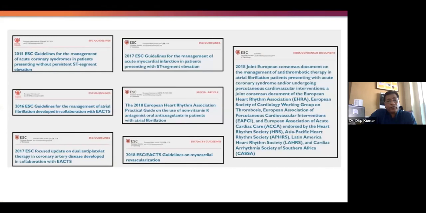So, regarding the disparity in the guidelines which were there till 2018-19, most of the ESC guidelines recommended 1 month of triple therapy followed by dual therapy in ACS patients who undergo PCI, then up to 1 year of dual therapy.